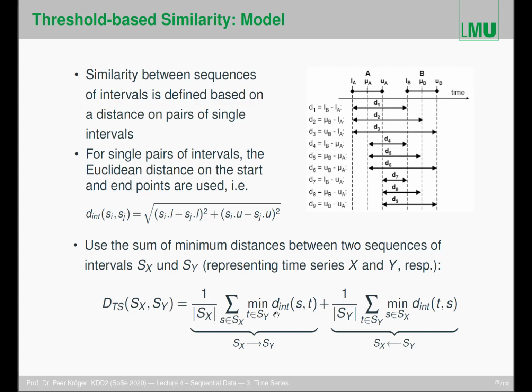And we take the minimum match from the intervals of Sx to Sy, and the other way around. And we just sum that up. So this is actually the sum of the minimum distances between 2 sequences, actually 2 sets of intervals. And that is how we defined the distance between 2 time series.